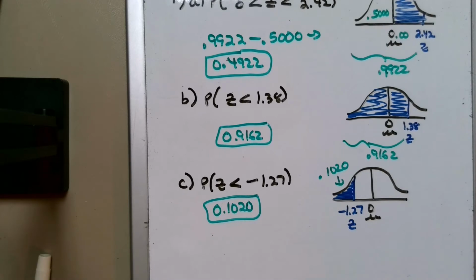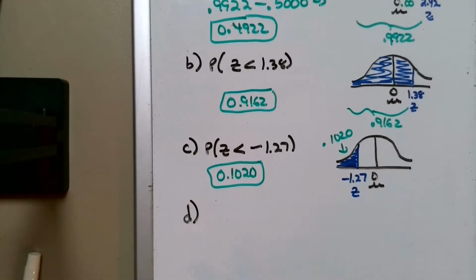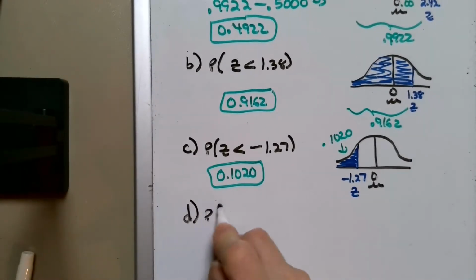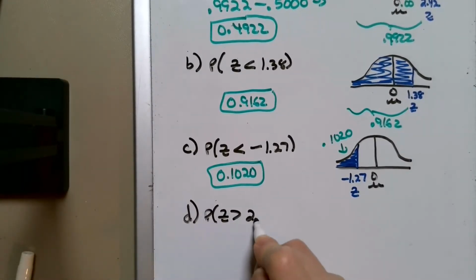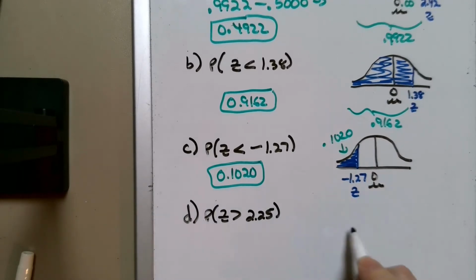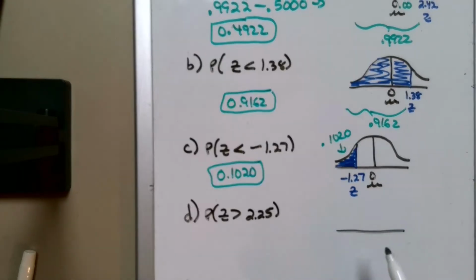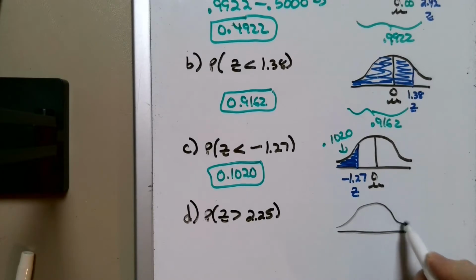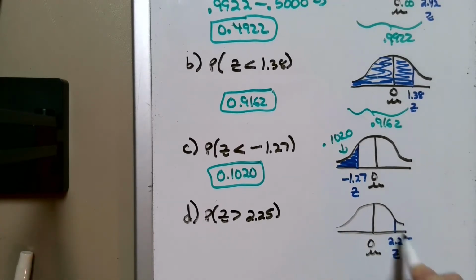Okay, so going to 1D. 1D says the probability that Z is greater than 2.25. So again, drawing the picture. In the middle is the mean, Z is 0. 2.25 is positive, so you are to the right of the mean. Greater than means you shade to the right.